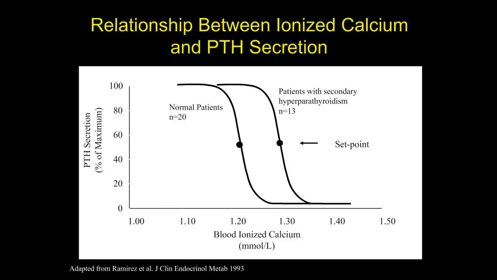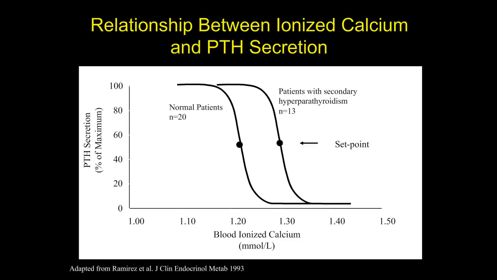We have a constitutive production of PTH, and as the calcium drops, that production of parathyroid hormone increases, and as calcium increases, the production and release of PTH decreases. We have the concept of the set point of PTH, which is the calcium concentration at which you get 50% inhibition of maximum parathyroid hormone secretion.